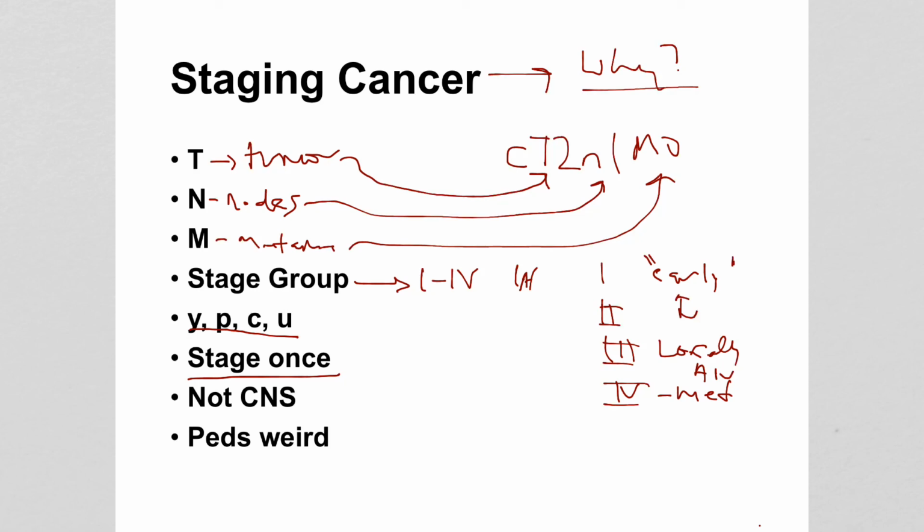So you see in my example up here that there's a C, which means a clinical stage. This means a patient has been assigned a stage typically based on diagnostic tests. So the C designation means it's been purely clinical. P means pathologic.